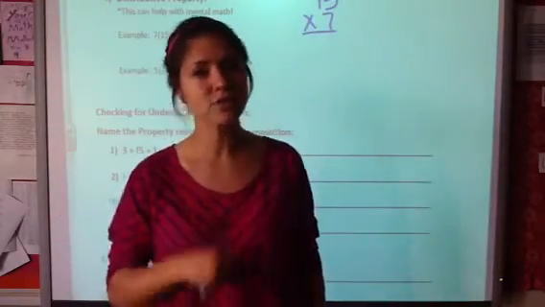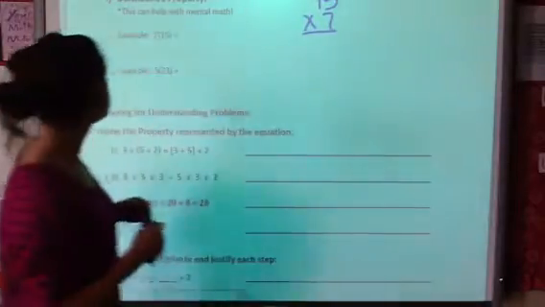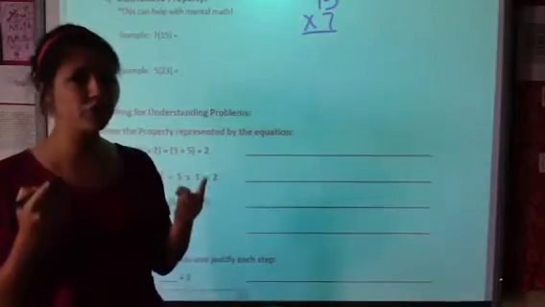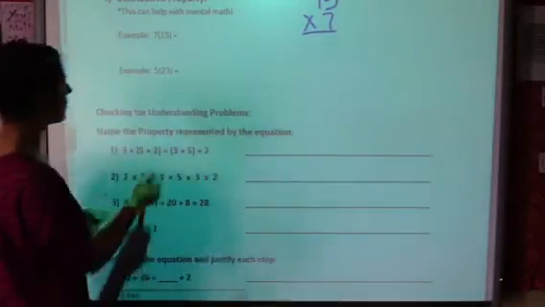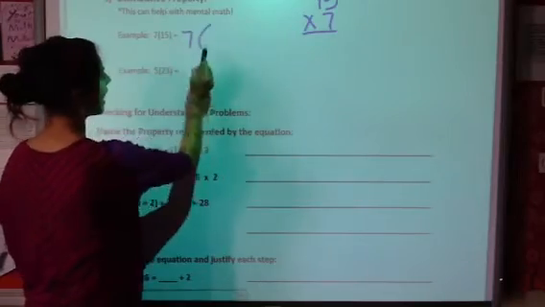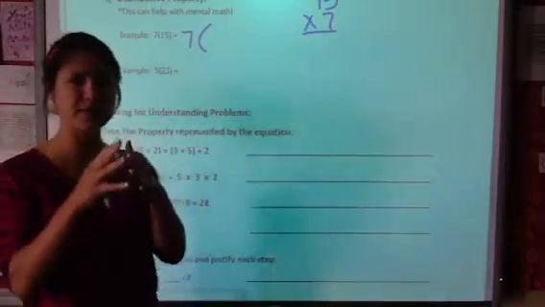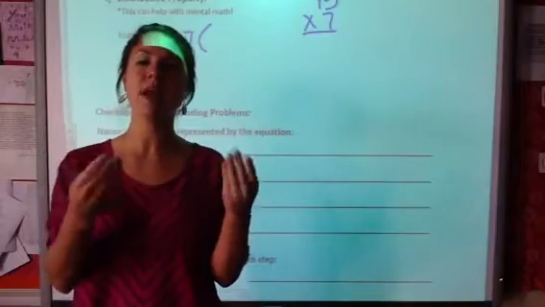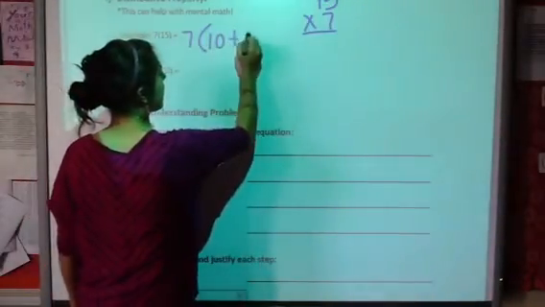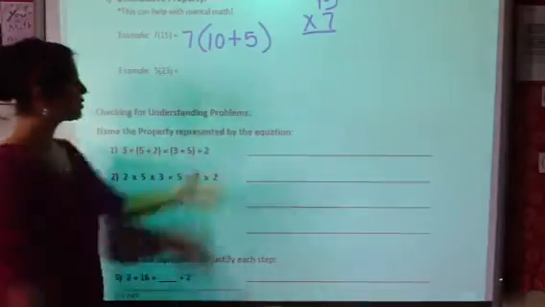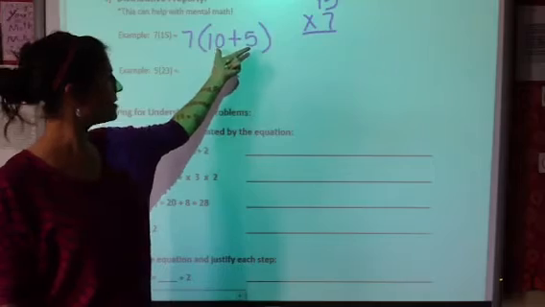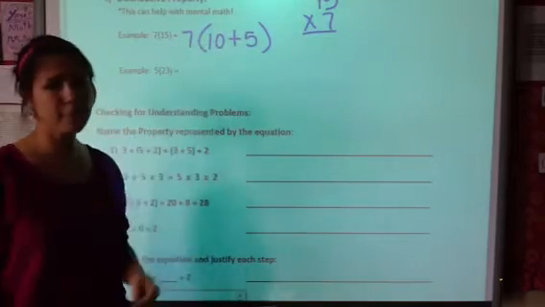Here's where the distributive property comes into play. 7 times 15 is the same thing as 7 times, I'm going to break apart 15 into 2 numbers to add together that are easy to multiply by. So this is the same thing as 7 times the quantity 10 plus 5, because order of operations tells me to add 10 and 5, which gives me 15, and then multiply.